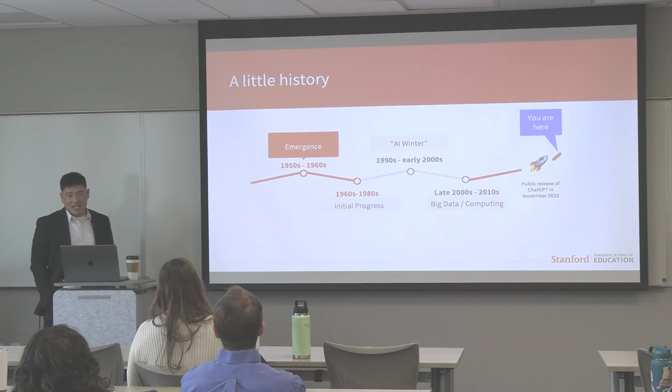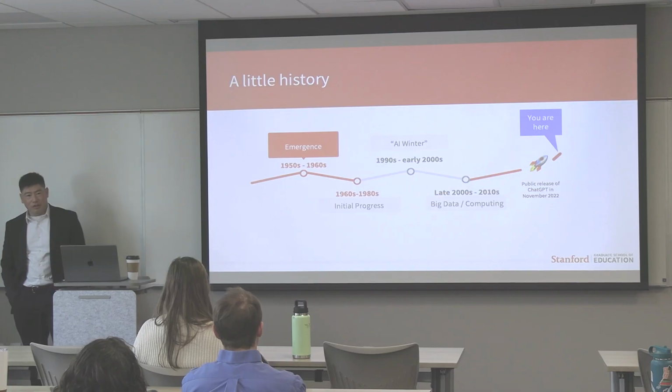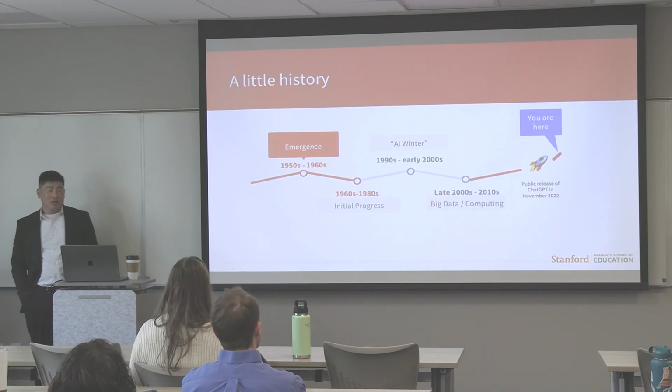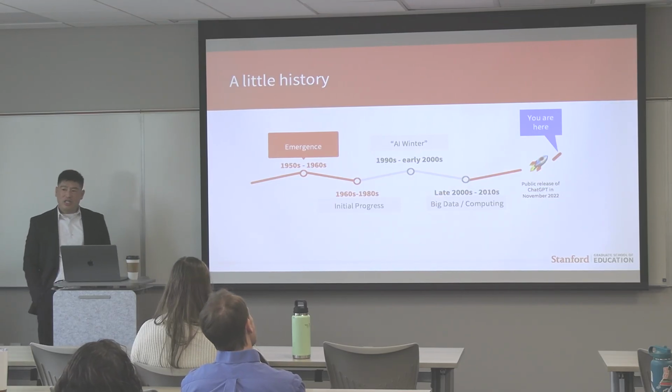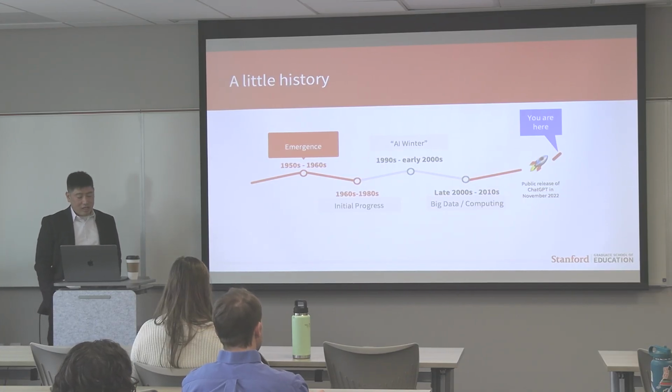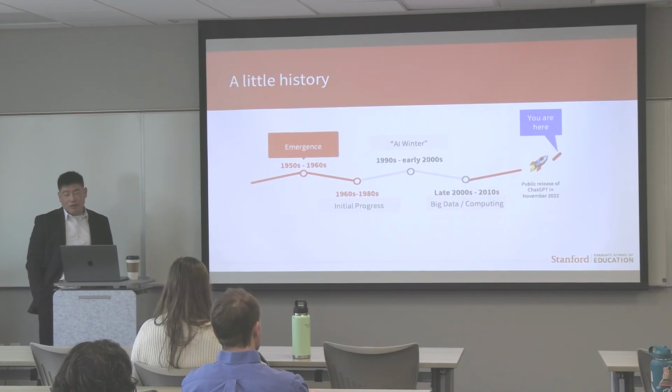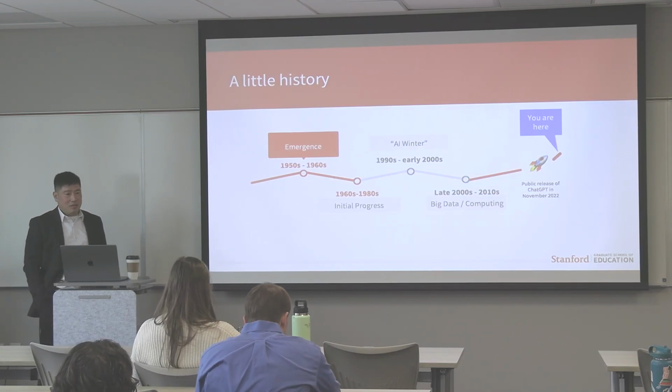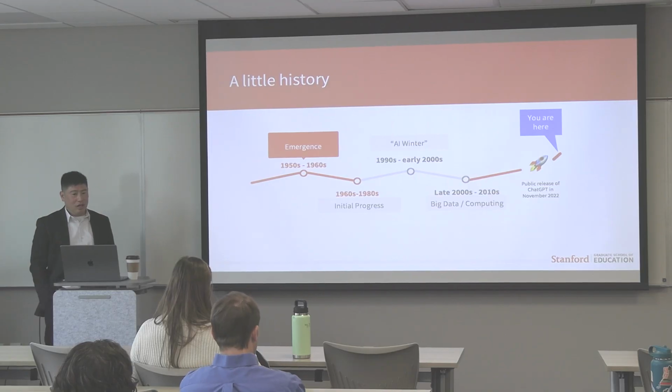But just as some historical background, the modern treatment of artificial intelligence as an academic focus is about the 1950s and 60s. It coincides with the cognitive revolution, when computers became a really interesting and compelling tool for modeling things, especially modeling intelligent-seeming behavior. Then initial investments happened into the 60s and 80s, and there was a lot of push on symbolic modeling, expert systems, trying to do knowledge representation.